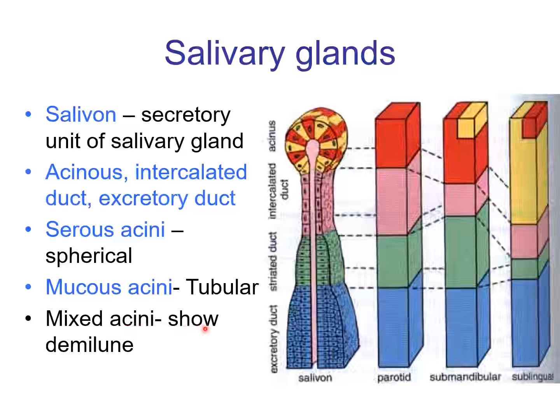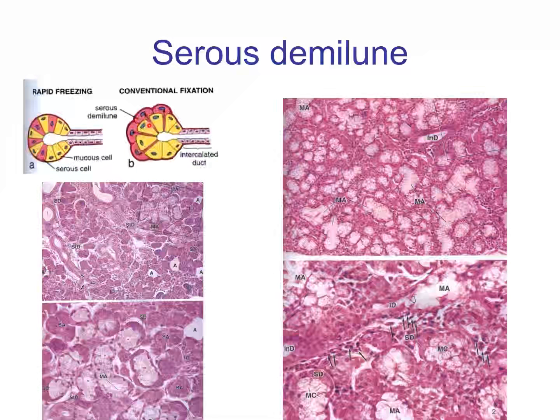I will show what is a demilume. This is showing a single acinus. What happens is that mucinogen granules imbibe water immediately after death of the animal if it is not fixed immediately.